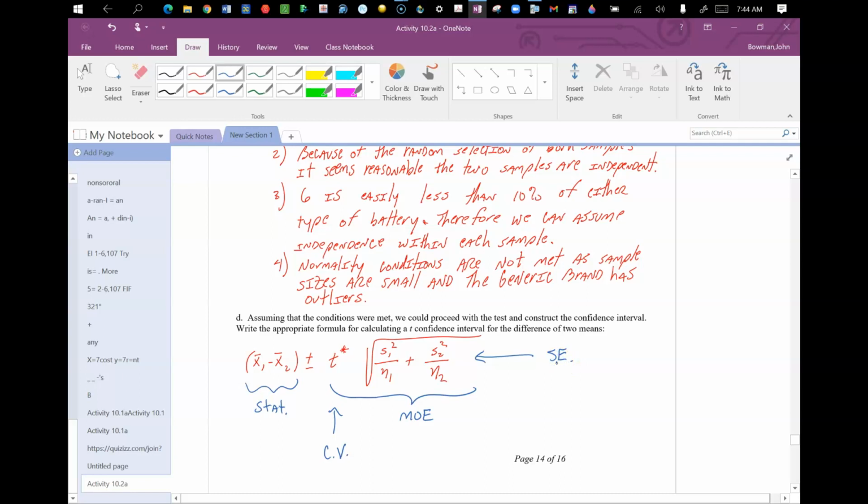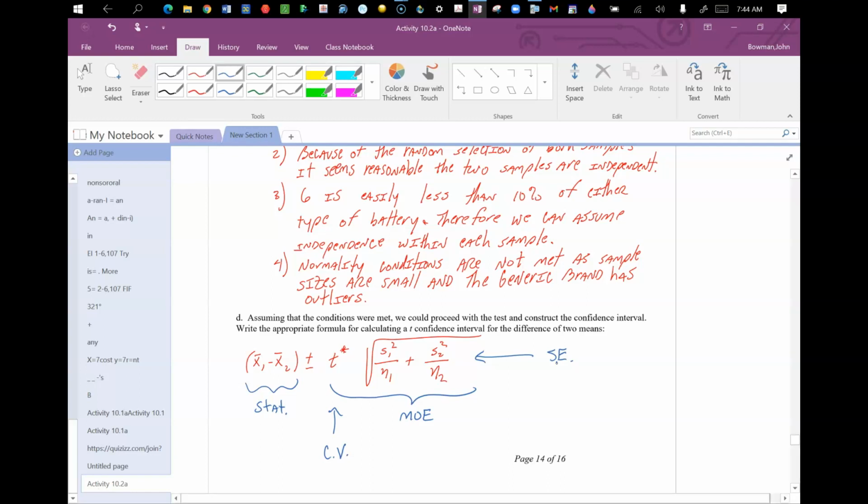Notice that the standard error is replacing the standard deviation of the sampling distribution of the difference of the sample means, because if we were constructing a confidence interval to estimate the difference in the two population means, we would not know the population standard deviations, but we would know the sample standard deviations.